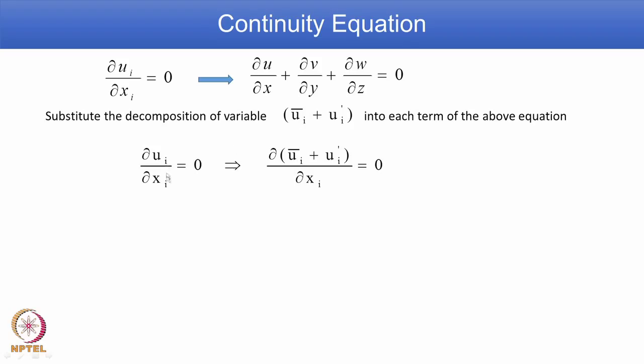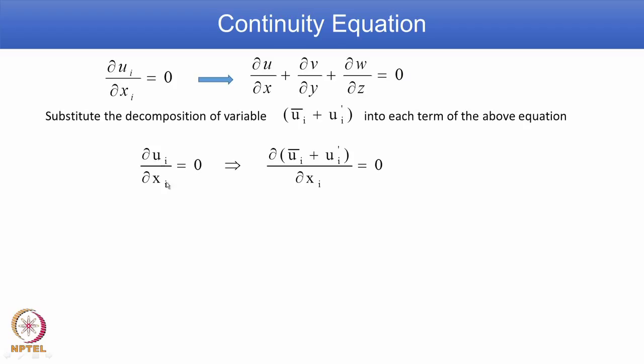So, dou ui by dou xi equal to 0. If you substitute ui, which in turbulent flow is interpreted as an instantaneous quantity. So, dou ui by dou xi equal to 0, the continuity equation, is very generic. When you apply it for turbulent flow, you interpret that velocity as an instantaneous velocity.